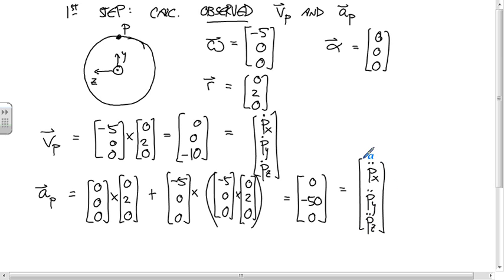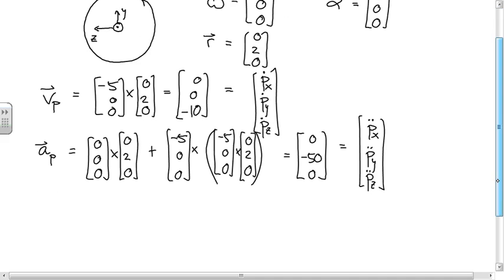Now that we're done calculating the observed velocity and observed acceleration, we can plug these into our formula for the true acceleration with the correction terms to get the actual acceleration.